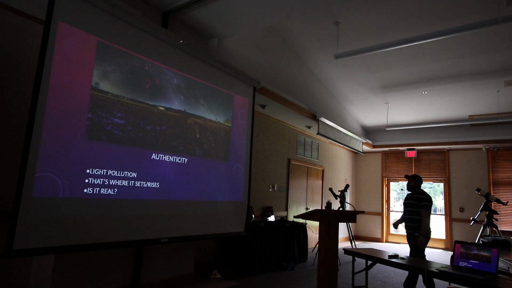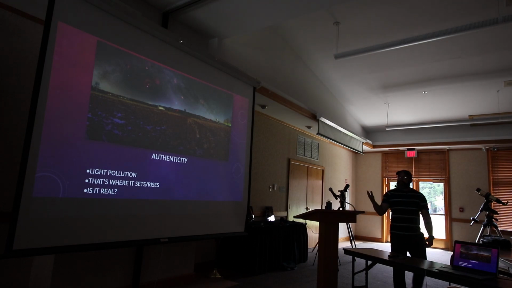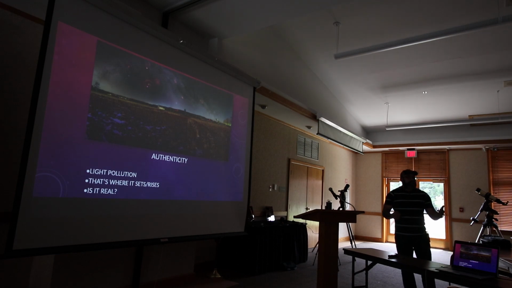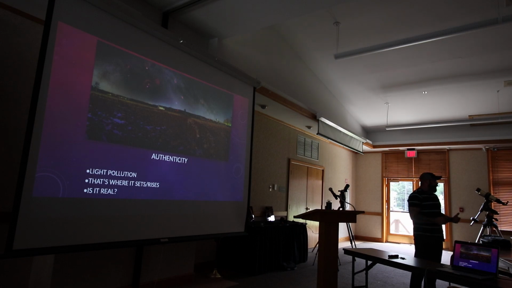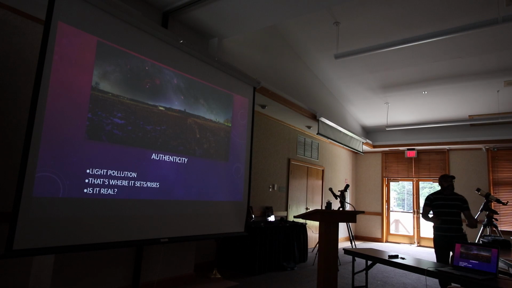And another thing that I look at when I think about authenticity is light pollution. It sounds kind of funny because generally when we talk about light pollution, that's the enemy, right? But anytime you take a long exposure of a landscape, you're going to have some glow coming off of the horizon, okay?